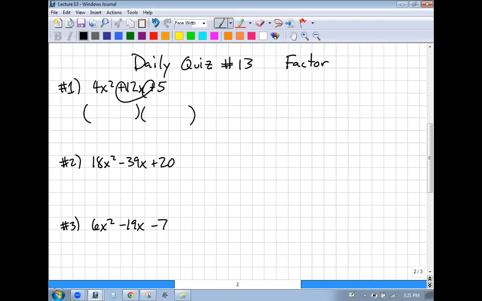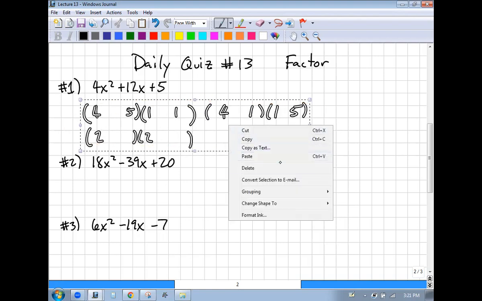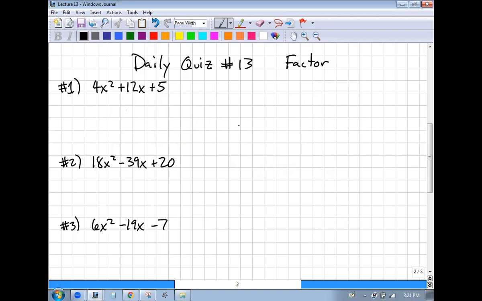Everything's pluses, so I could have a 4 and a 1, or a 2 and a 2, or a 5 and a 1, but then I'd also have to check having the 1 with the 4 and the 5 with the 1. There's 4 different possibilities, and you could try all 4 and check. But let's just use our trick that always works.